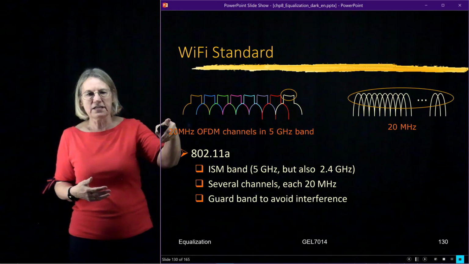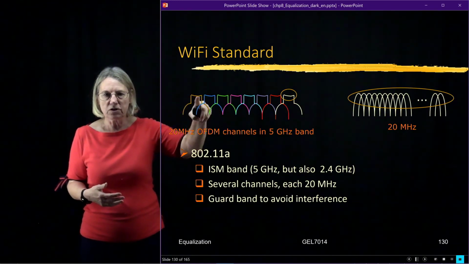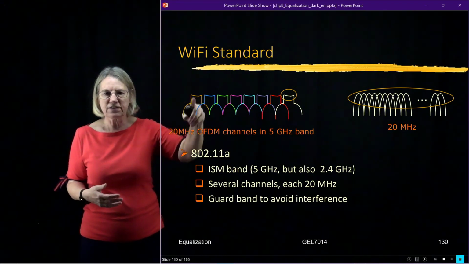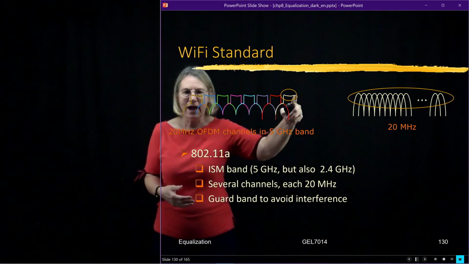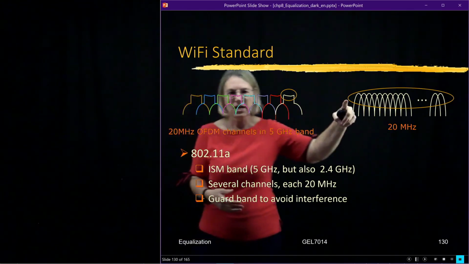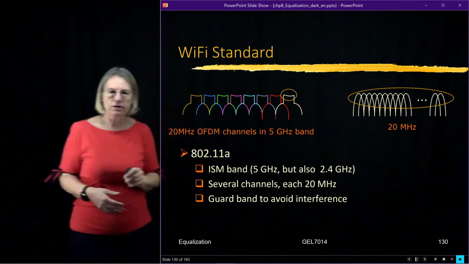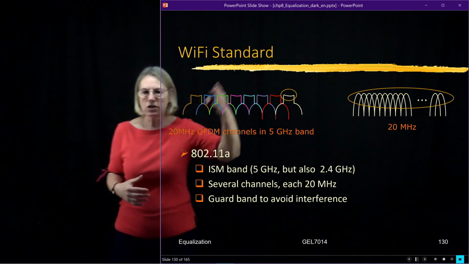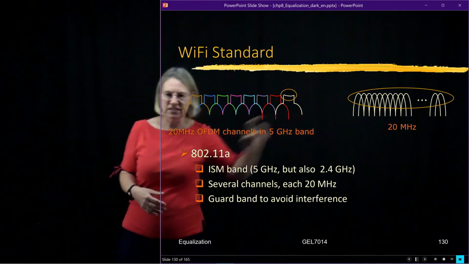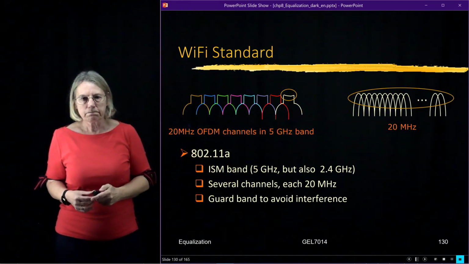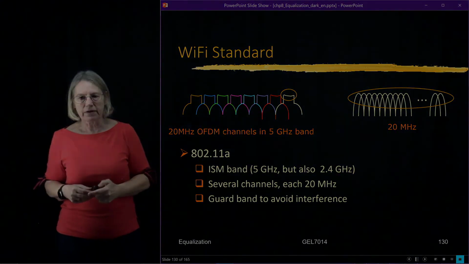So each one of these separate channels, you can see this typical, very sharp edges here, that means there's OFDM in this channel. And if I zoom in on one of these 20 megahertz bands, you can see that's where I have a bunch of subcarriers on each one of them. So in Wi-Fi, you can use any one of these, and within one, you're going to be doing OFDM. There are some guard bands in the frequency domain to keep these separated from one another.